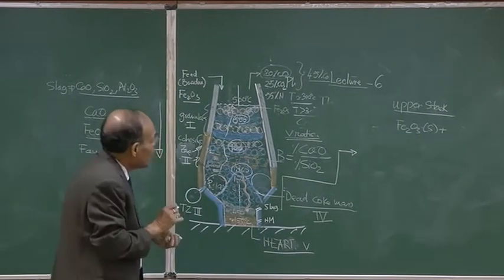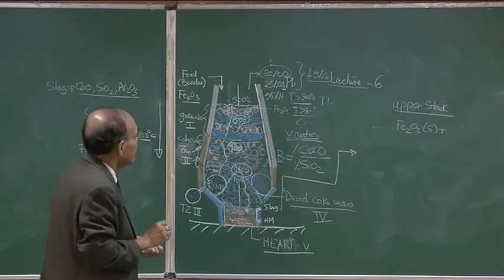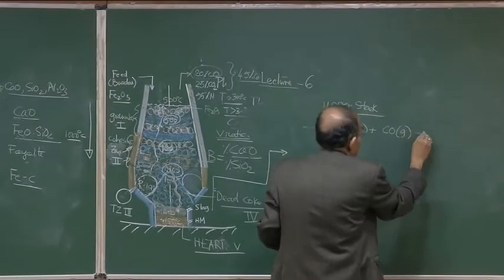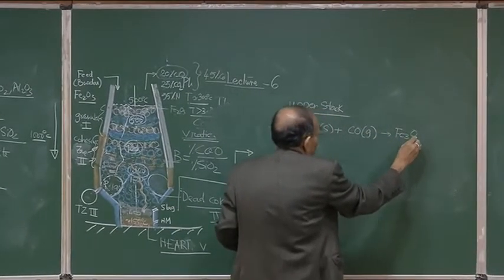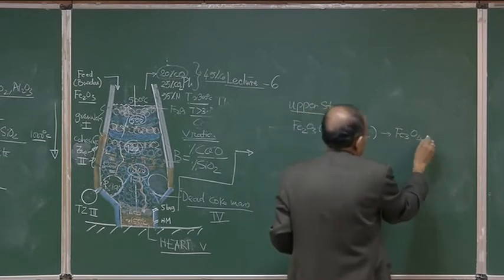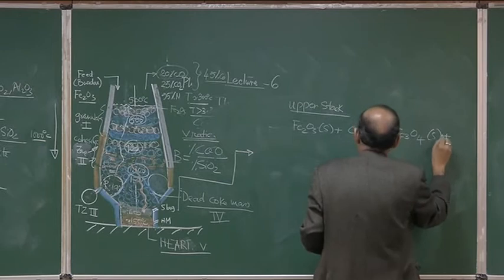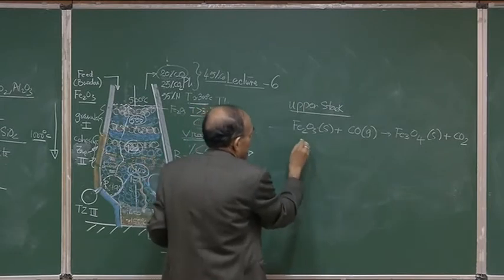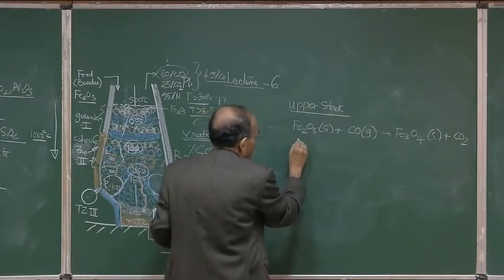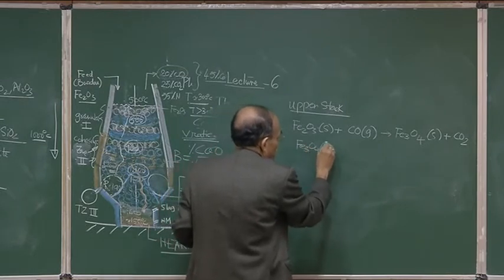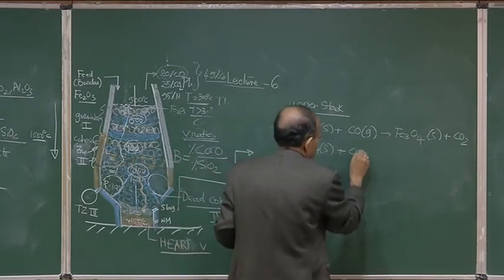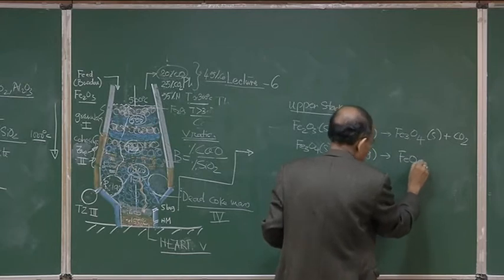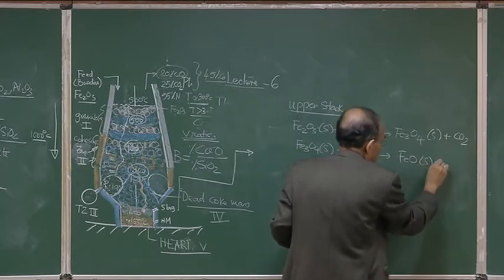bottom, we can tabulate, region wise, what are the characteristic chemical reactions which take place in the blast furnace. And this gives us Fe3O4 solid plus CO gas, and then we get FeO solid plus CO2.